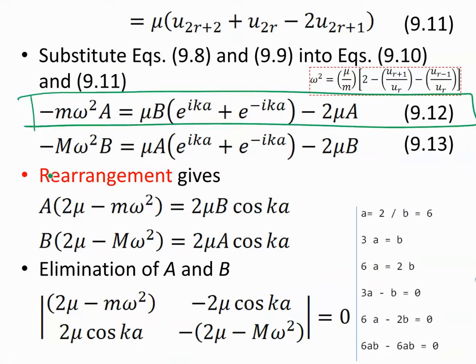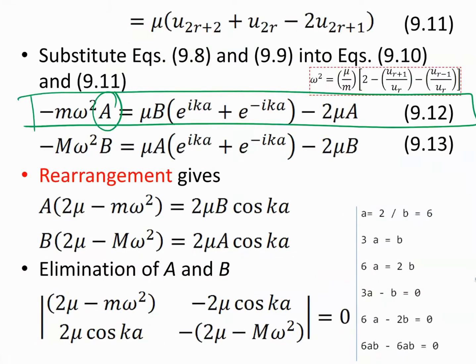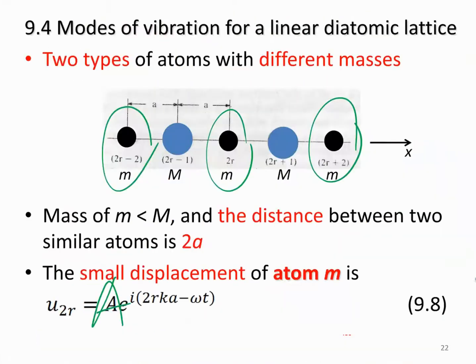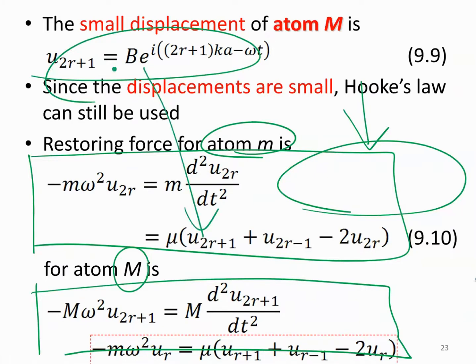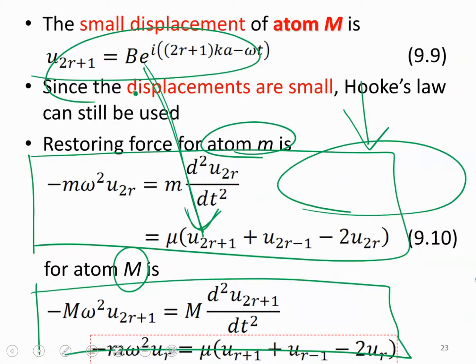So we have two equations. The first one is the equation obtained from 9.8. These two equations, you apply into 2r plus 1. For 2r plus 1, you just apply here. Then 2r, you substitute into here.